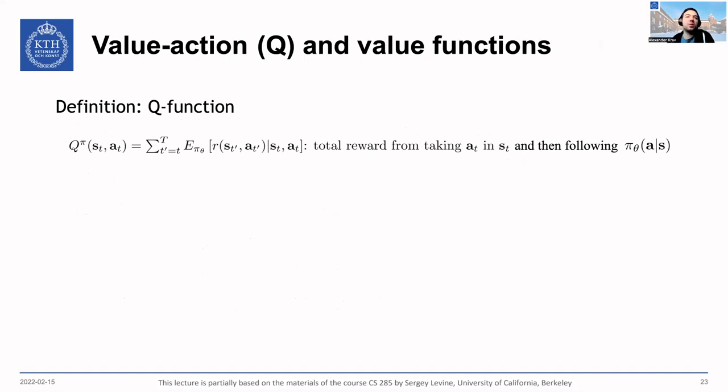We look at some time horizon with T time steps, and we look at the state at some certain time T. And then we start with action A at the same time T. We basically first apply an action at the time T to state ST, and then follow our policy.